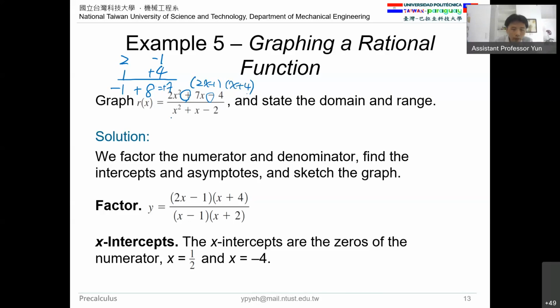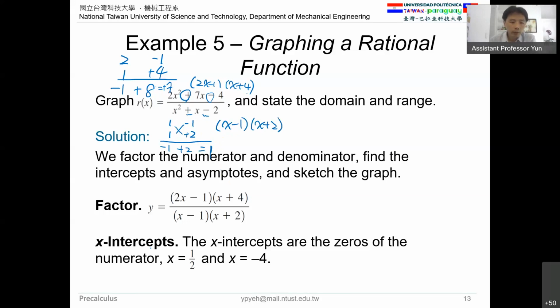And in the case of the denominator, you can also use this method, which is 1 times 1, and 1 times 2. Since there is a minus sign, this 2 will be positive and this 1 will be negative. So minus 1 plus 2 equals 1. That satisfies the polynomial, so the factoring of this term will equal x minus 1 times x plus 2 here.